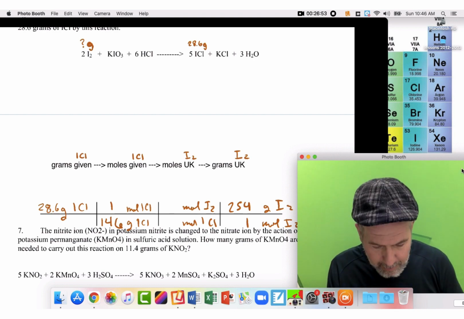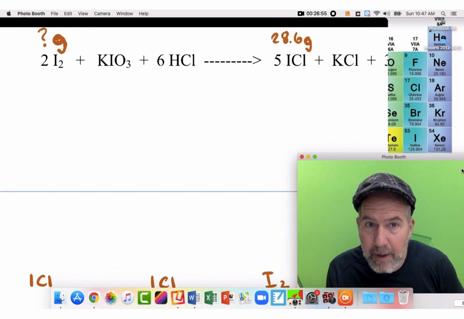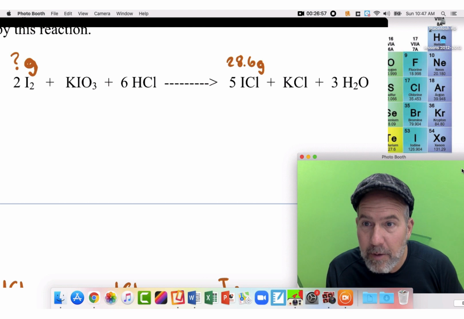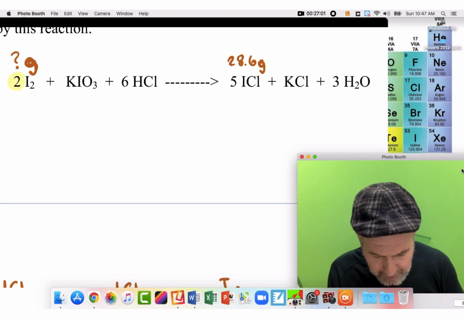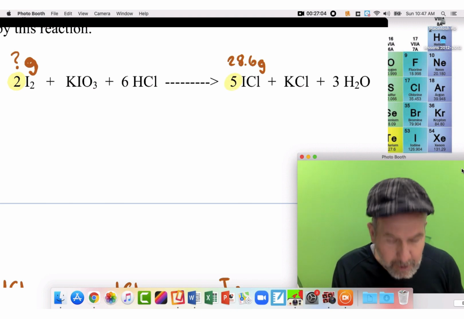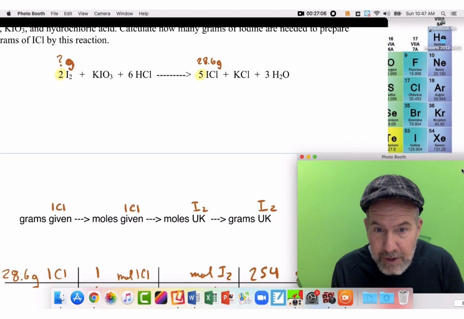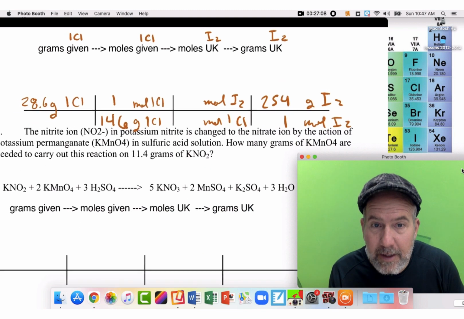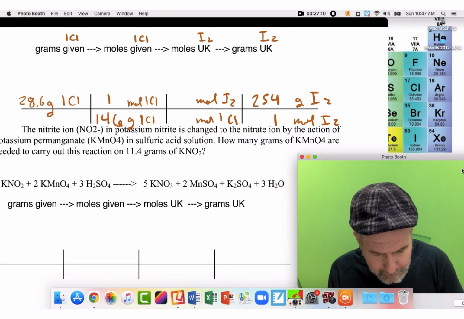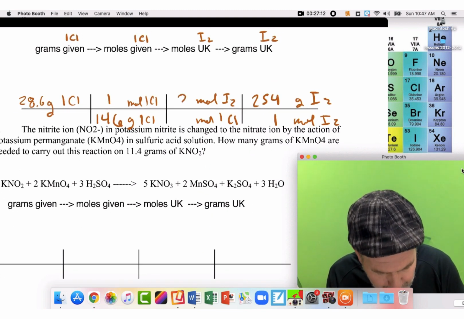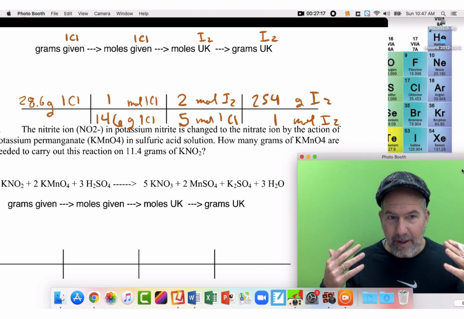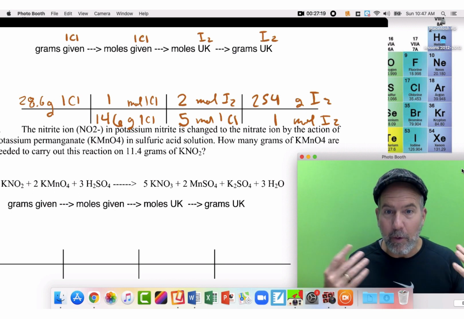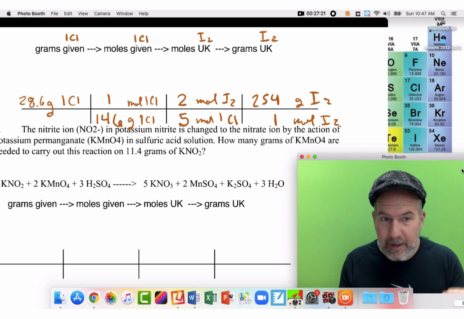Where are you getting that number? I'm getting that number right up here. Look at that balanced equation. So the 2 goes with the I2, and a 5 is going to go with ICl. Make sure you get them with the right things. 2 and 5. They're with the correct, right? That's important. They're with their correct formula from that balanced equation.